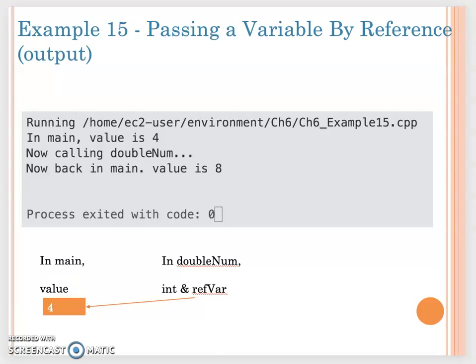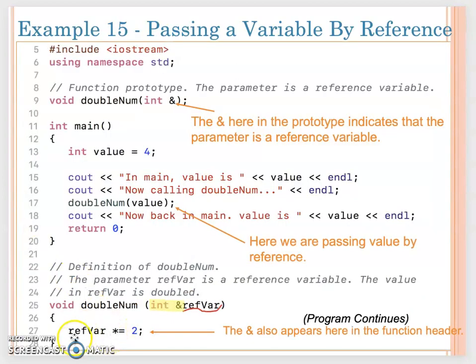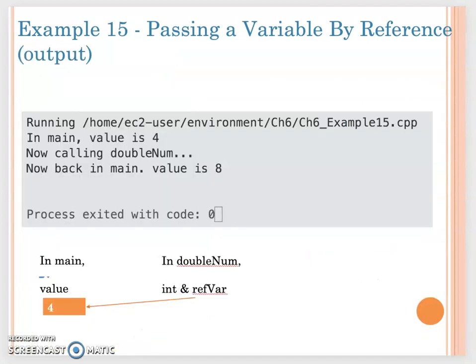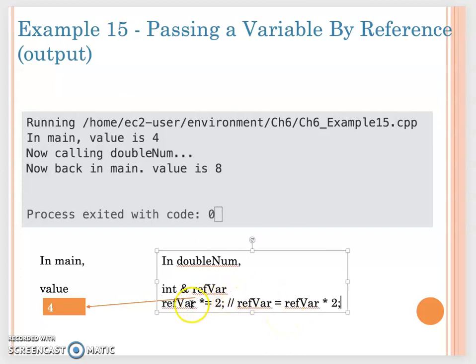That's why here, when we do refVal multiply equal to 2, that means the ref variable equals the ref variable times 2, right?